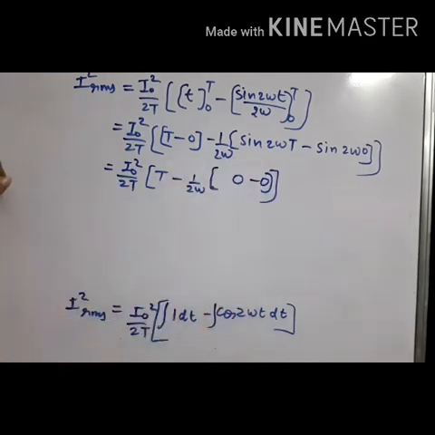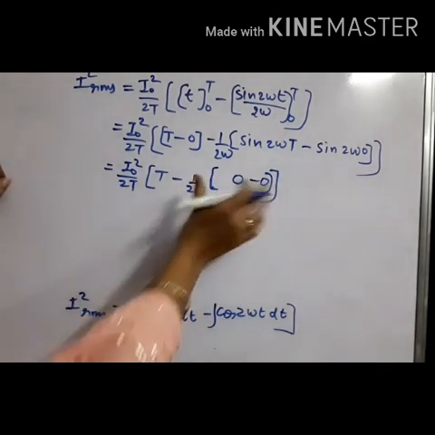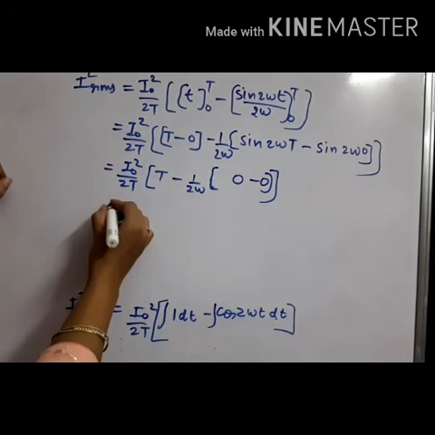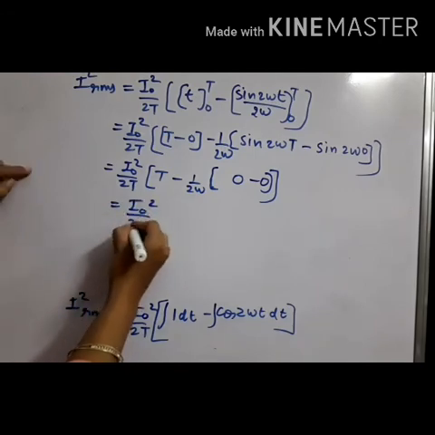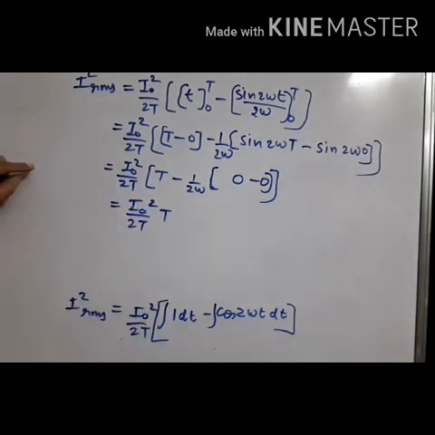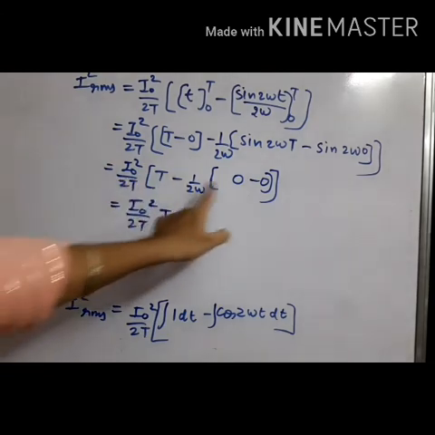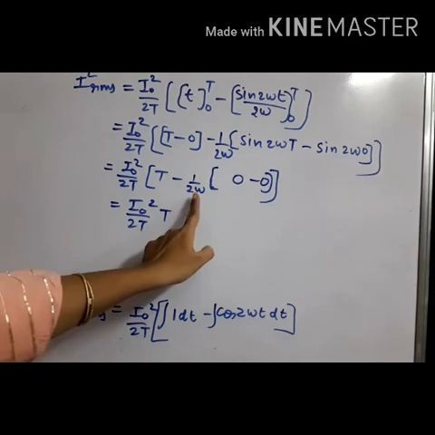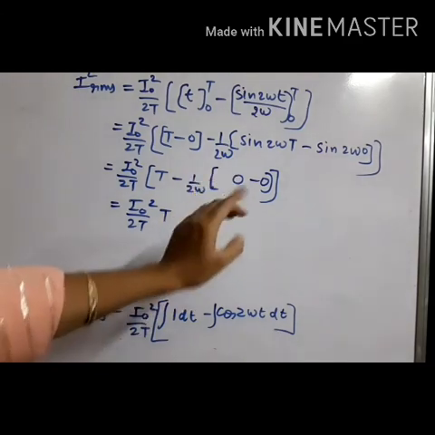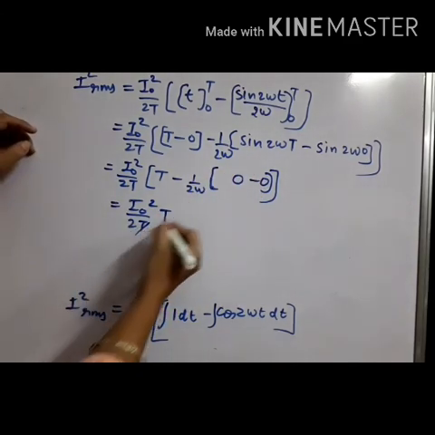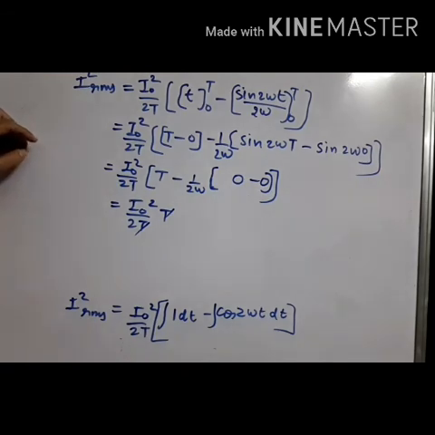So this box is giving the answer 0 only. So this complete box has gone. Only T is left. And outside I0 square by 2T is there. This T has come from the box bracket. This whole box was 0. 1 upon 2 omega is also multiplied with 0 only. So cancelled. Finally, T and T get cancelled.